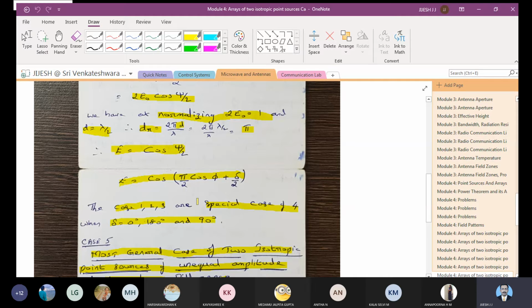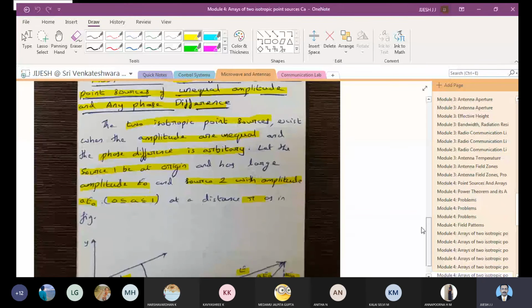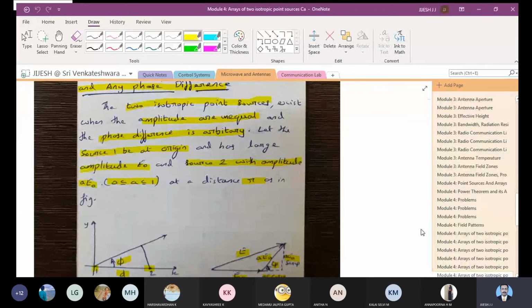The last case is case 5, the most general case, where two isotropic point sources of unequal amplitude and any phase difference are considered. Here the two isotropic point sources have unequal amplitudes and the phase difference is arbitrary.